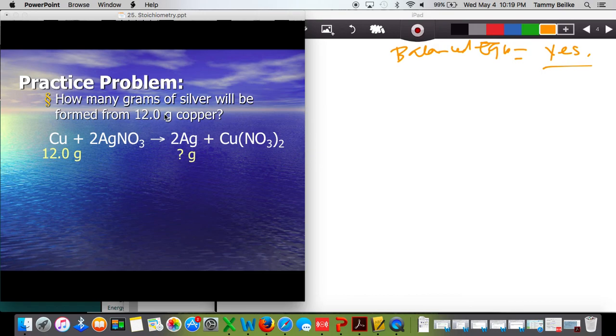So we're going to label that. We have 12 grams of copper, and we are solving for how many grams of silver. This is what we need. This is a question mark. So we're going from grams to grams. Oh dear, small map, what do you have to say about this?